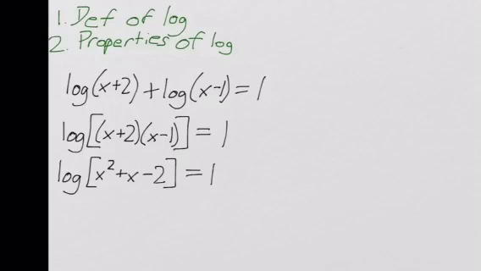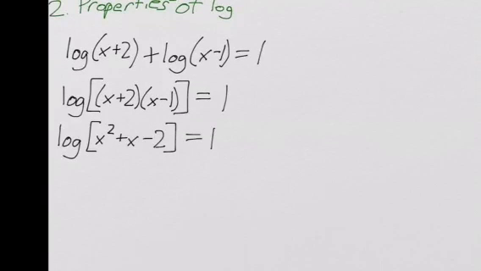is equal to 1. And now we'll apply the definition of the logarithm, which means I no longer need the log. That's saying 10 to the first is equal to x squared plus x minus 2. 10 to the first is just the same as 10, so I'll go ahead and get rid of that exponent here.